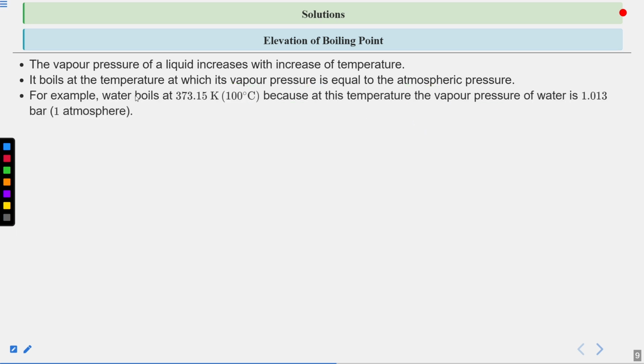Suppose I take the example of water, then water boils at 373.15 Kelvin or 100 degrees Celsius. It happens at this temperature because at this temperature the vapor pressure of the solvent becomes equal to 1.013 bar or 1 atm. As a result of this equal pressure, the liquid particles can now push through the atmospheric pressure and move on to the vapor phase.